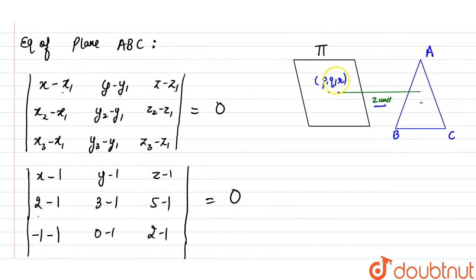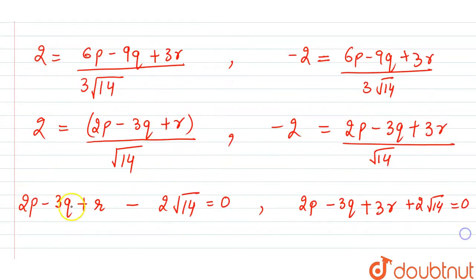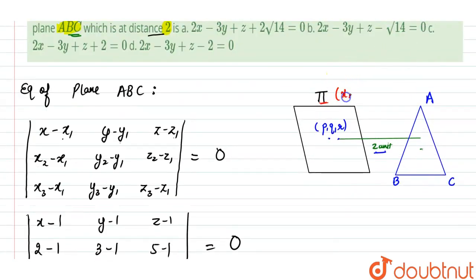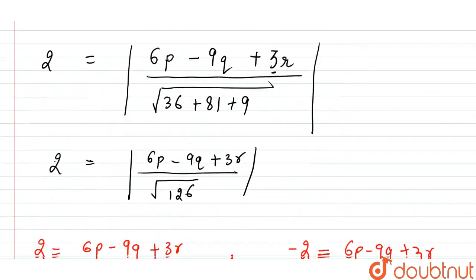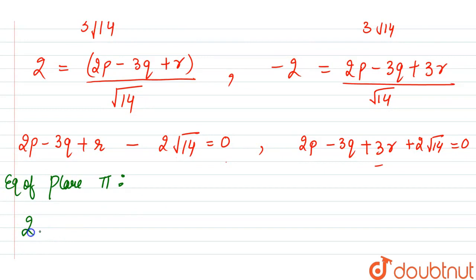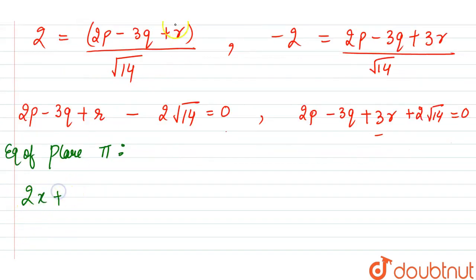Now, PQR is any random point on the plane pi. So we can say that if PQR satisfies this equation, then any random point on the plane will satisfy this equation. So we can take any random point as x, y, z. So this will give the equation of plane pi on putting the random points. So this will be the equation 2x minus 3y plus z minus 2 under root 14 equals 0.